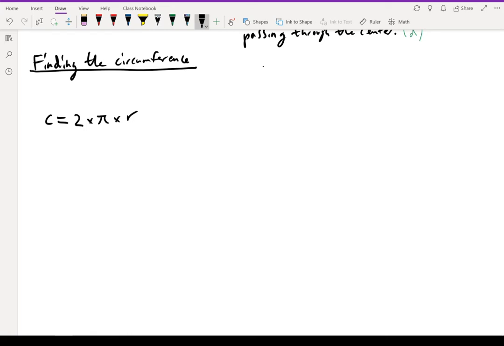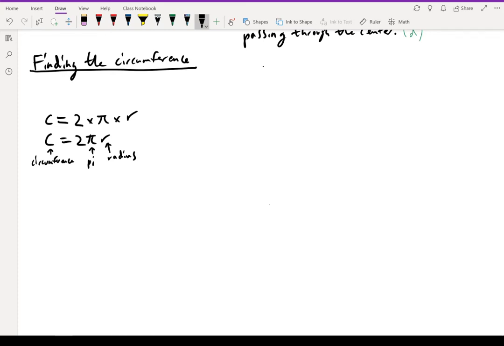And usually you would see it is 2 pi r without the multiply sign. I'm just putting the multiply sign so that you all know that it's multiplying together, but usually we write it as 2 pi r, where this is the circumference. This symbol over here is pi, and this is the radius.